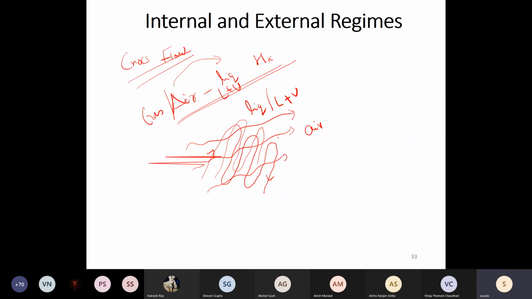Now, why this type of heat exchanger is preferred over here is, again, the same logic. If you have to blow air or any gas, you need to provide large diameter ducting in order to reduce the pressure drop. Now, why do we care about the pressure drop? If you have large pressure drop, you will have to provide a bigger fan or a blower. Okay, if you have a small pressure drop, a smaller power, a small capacity fan will suffice.